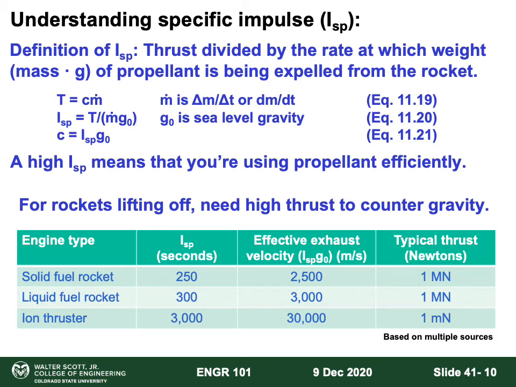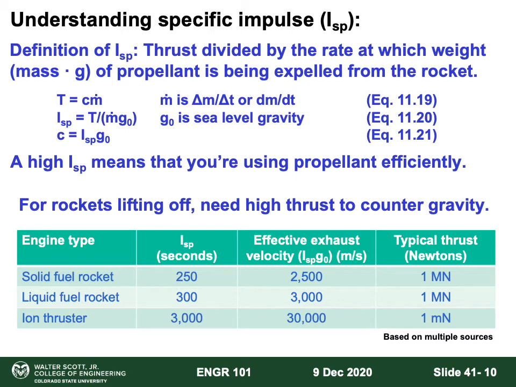So the primary engines that are used are either solid fuel rockets or liquid fuel rockets. For the technologies that are available currently, those typically have an ISP, the specific impulse, of around 250 seconds or 300 seconds. Funny units for ISP, but that's the way it comes out if you actually look at the units.